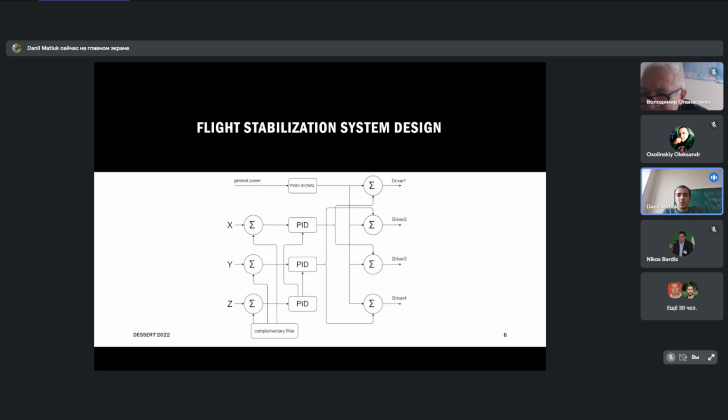The correct angle is determined using a complementary filter, which calculates and sends an offset to the PID controller. The PID generates an output signal in the form of a PWM signal to maintain the set position. In the PWM implementation, the controller consists of two blocks: a linear integrator and three-position relay elements.